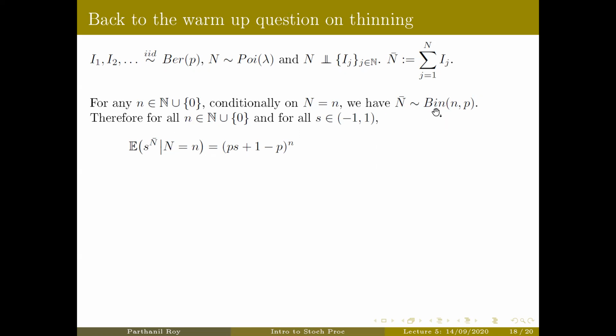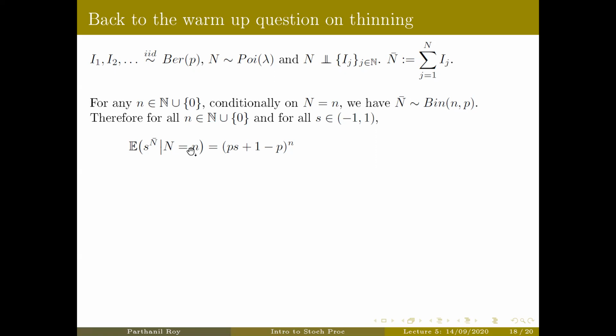That's because the conditional distribution is binomial(n, p), and that PGF has to be of this form, (ps + 1 - p) whole power n. We just computed this, and this is true for every n in the range of capital N, namely the set of all non-negative integers.